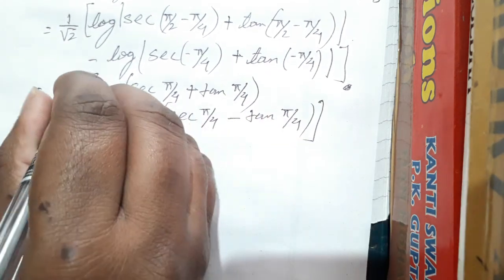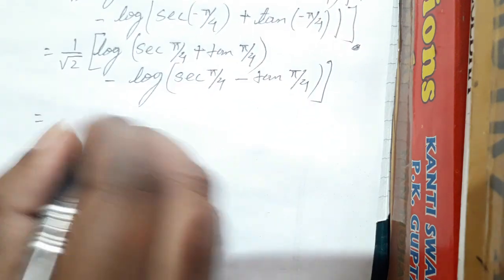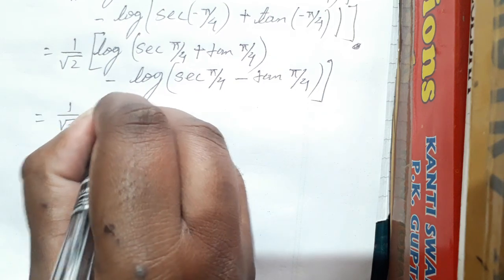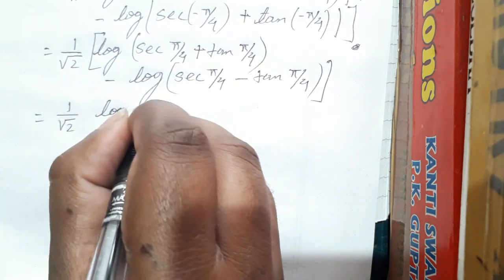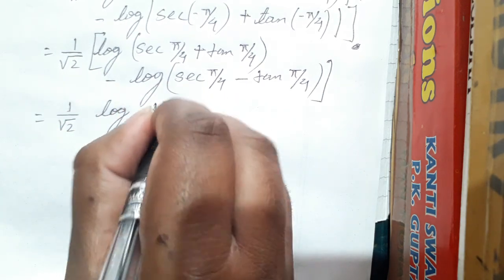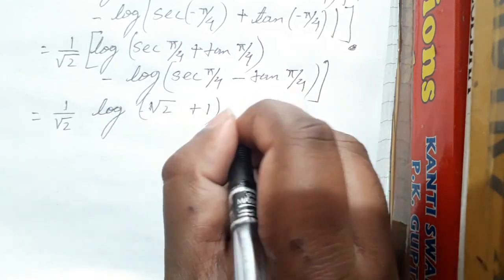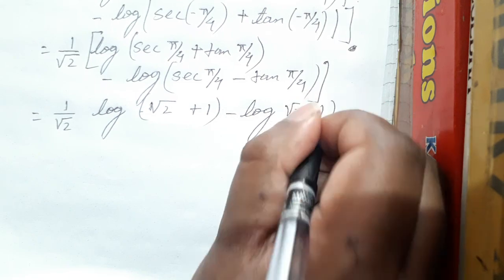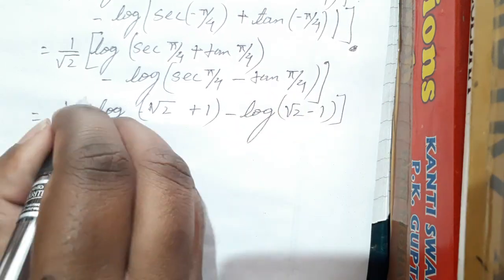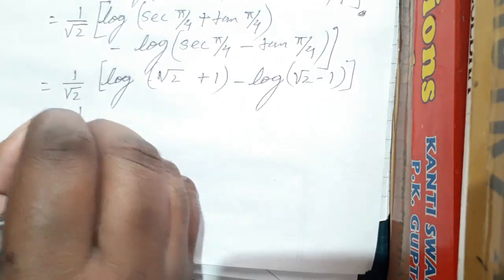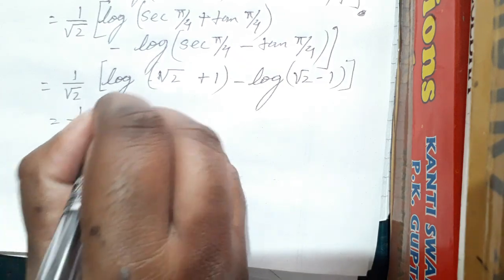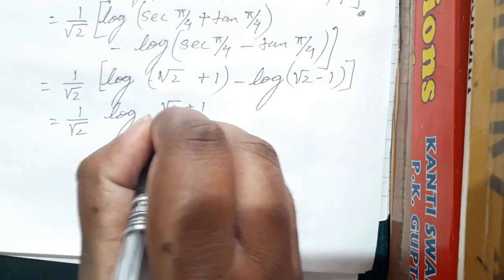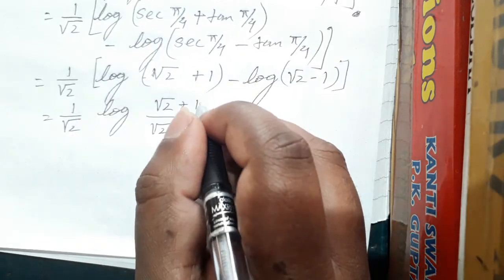We'll apply the log property here. So we get 1 by root 2 log, this is root 2 plus 1, minus log root 2 minus 1. Using the log property, this will be equal to 1 by root 2 log of root 2 plus 1 divided by root 2 minus 1. Then I'll rationalize it.